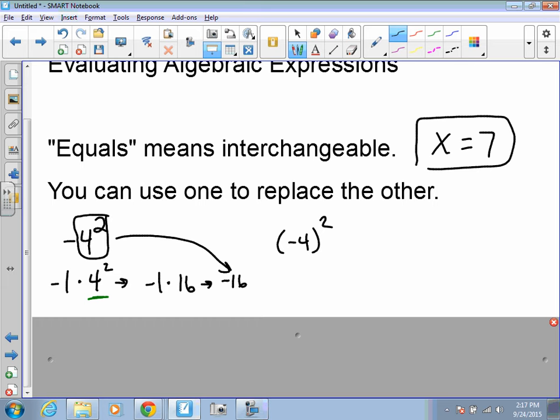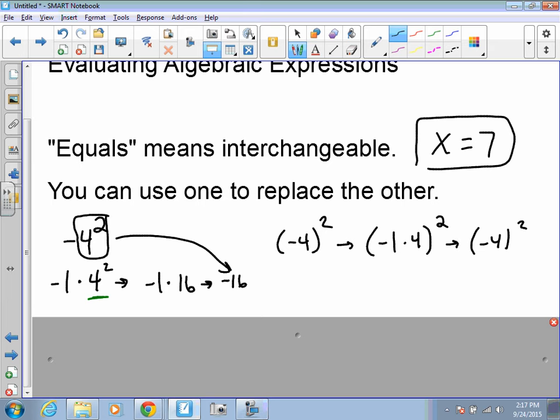Now the difference here is where the parentheses are. It's still the same idea. You have a negative number, so this really is -1 times 4, and then all of it squared. Notice how everything stayed inside parentheses there. Order of operations says before I do the exponent, I do the multiplication inside parentheses first. So -1 times 4 is -4, and then squared.